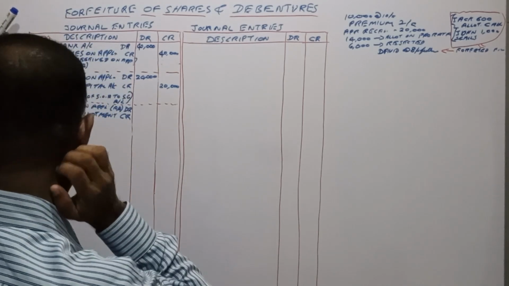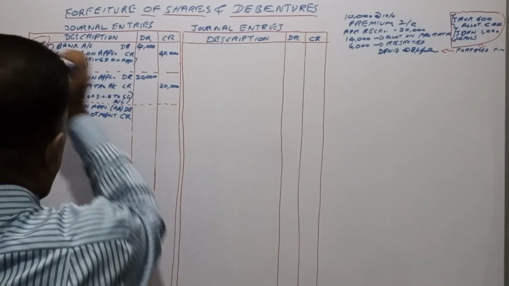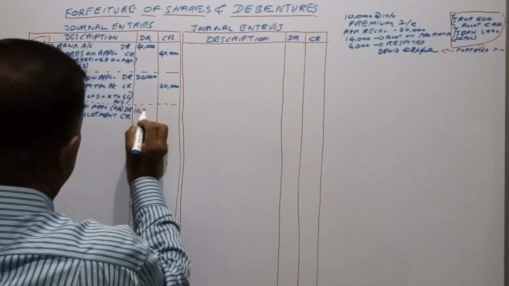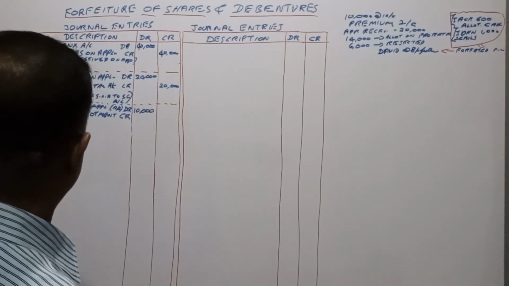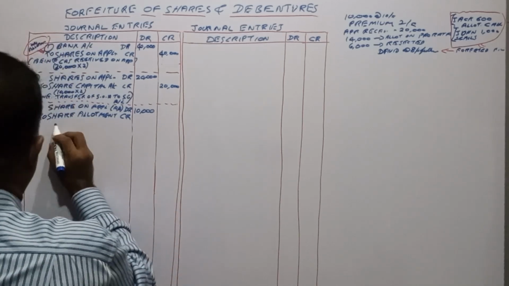Right? How much? The balance is 10,000, and bank account credit.